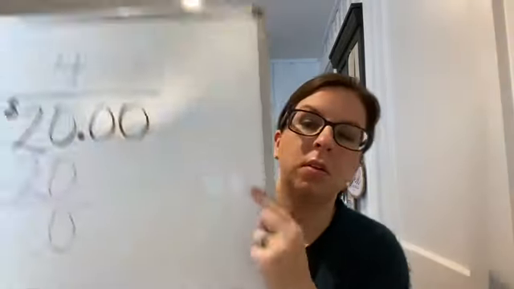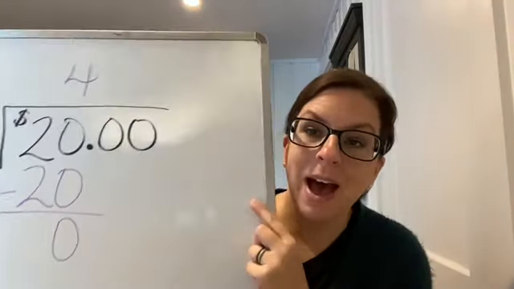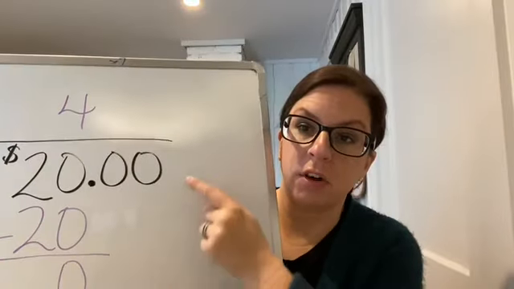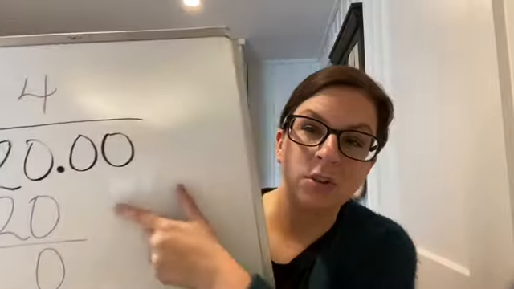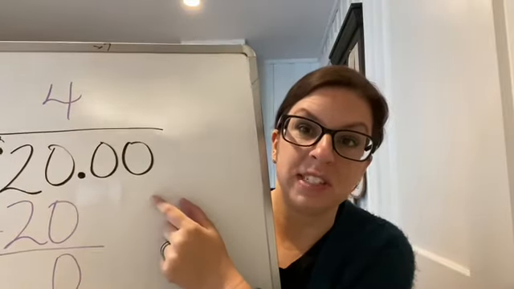How many times does 5 go into 20? Okay, 4 times. 4 times 5 is 20. Okay, 20 minus 20 is 0. Okay, I can bring down these zeros and keep dividing, but I can also look and say, okay, these are zeros.